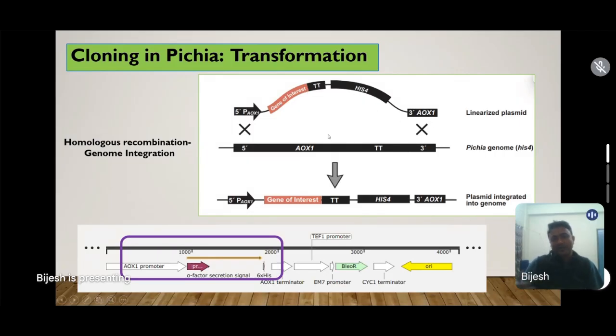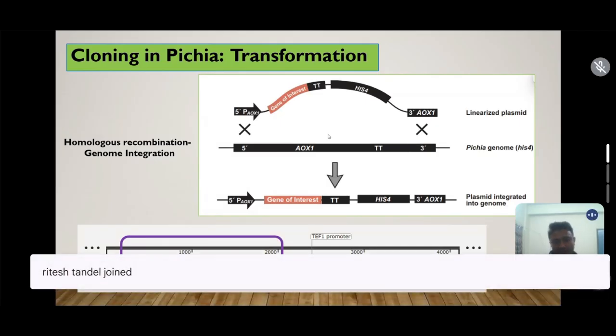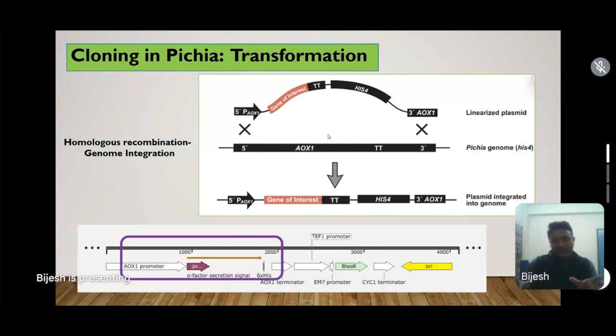Slowly our gene gets multiplied in the Pichia system. Then we have a few integrated and a few non-integrated. So we go for one more plating, and one more confirmation by sequencing, and we have to make sure our gene of interest is there, pick the colony and go forward.